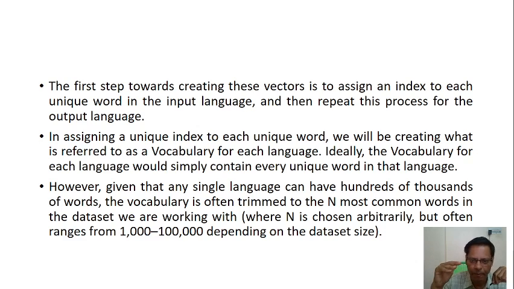When there are words repeating with a similar meaning or a different meaning, for any language it is based on that, and it is divided by how it is pronounced, how it communicates, and how it relates, for the purpose where n is chosen arbitrarily but often ranges from 1000 to 1 lakh depending on the data set size.